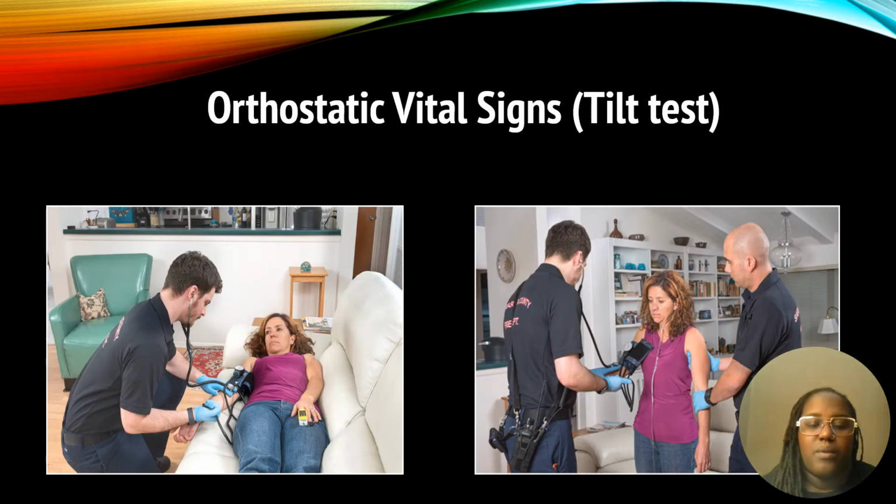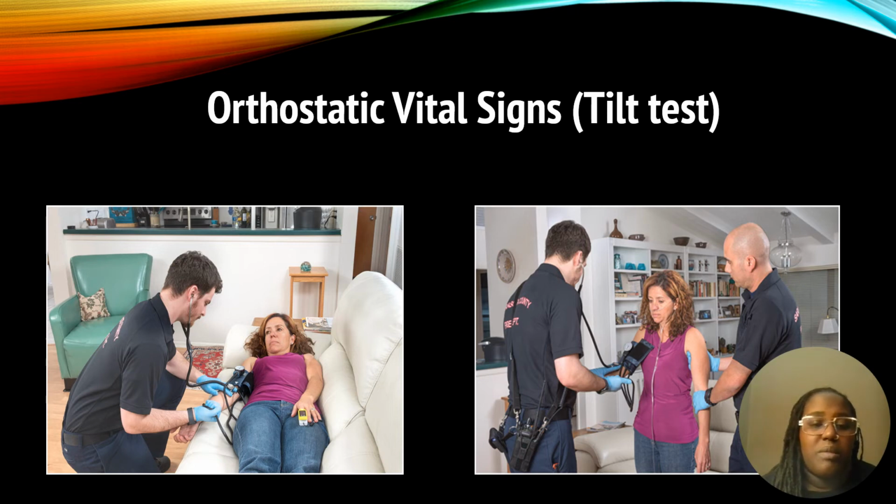Another tool that we can use to assess blood pressure is our tilt test. Remember how I said taking a blood pressure is a great way to figure out if our patient is perfusing well or not. This tilt test goes a little bit further with that.